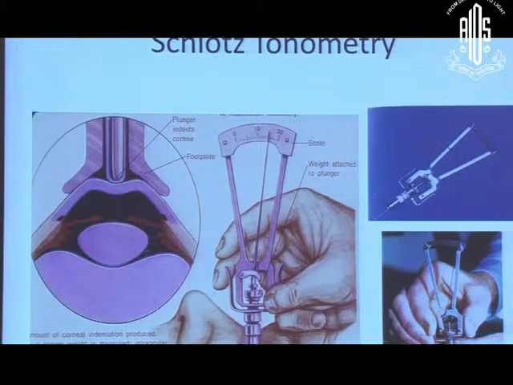I must discourage you at your resident or PG level, Schiotz tonometry is to be discouraged. But still, having said this, I know a number of colleagues in India continue to depend only on Schiotz tonometry. Which is not correct, but if they continue to depend on that, then let me suggest a good way forward.